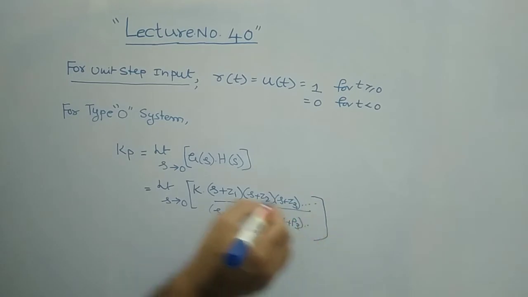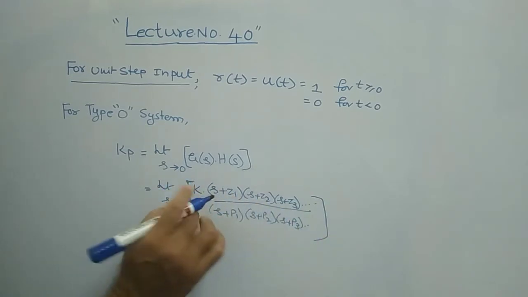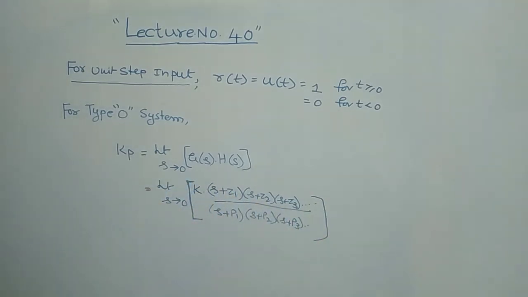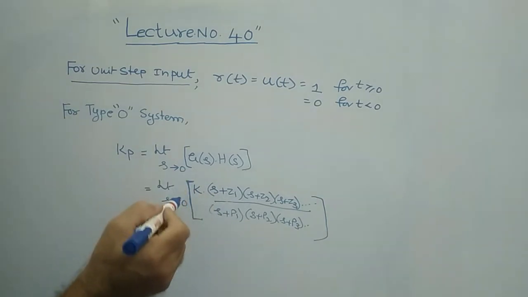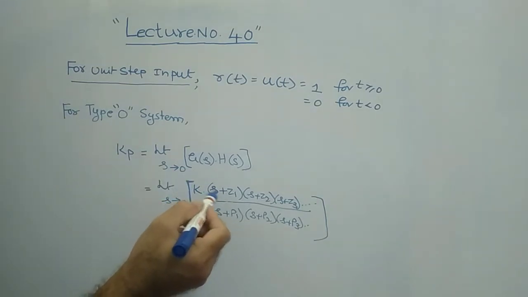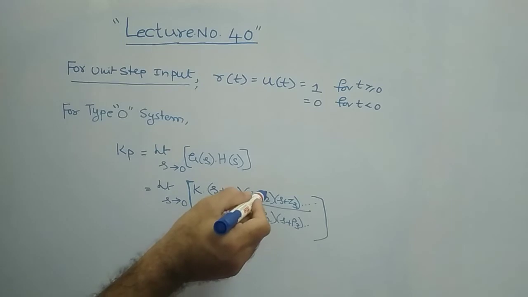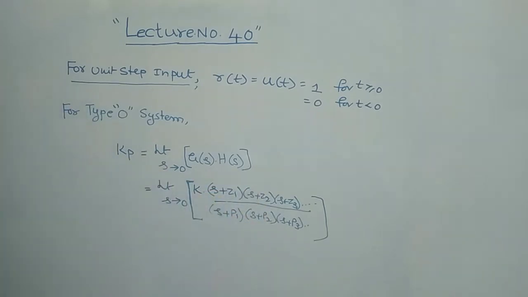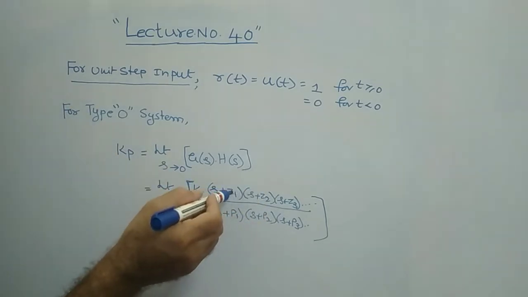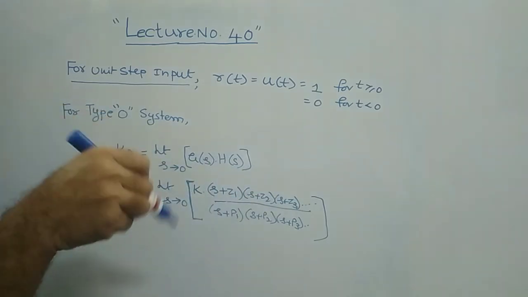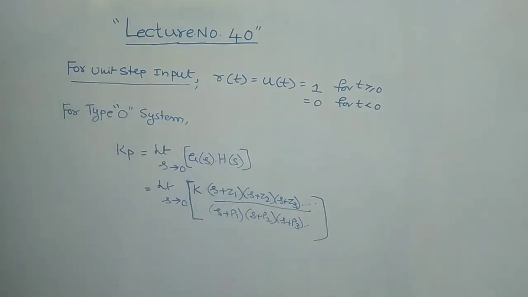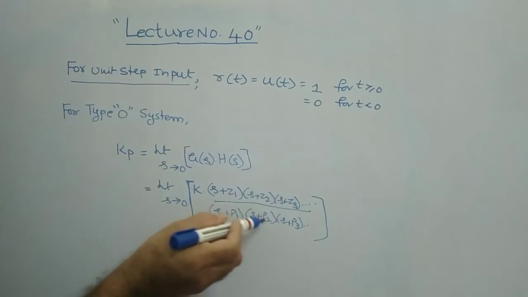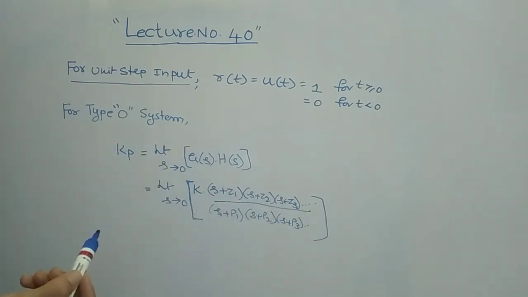This is the form. So some constant into numerator polynomial over denominator polynomial. This is s plus z. What are z1, z2, z3? These are the zeros of the transfer function, and p1, p2, p3 are called the poles of the transfer function.